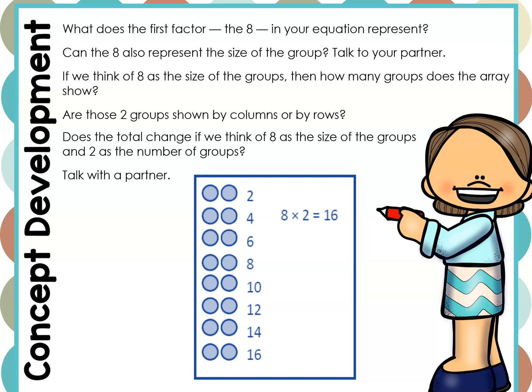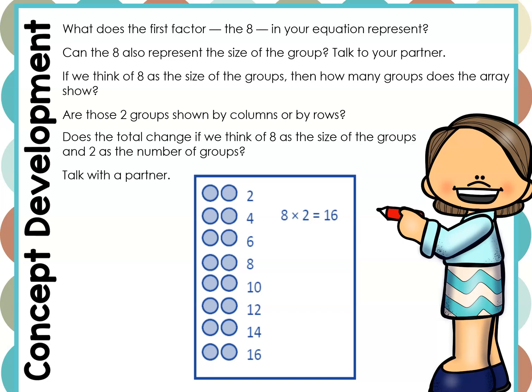Okay, so the first factor in our array, the 8, represented the number of groups or the number of rows. Can the 8 also represent the size of the group? So if the 8 would represent the size of the groups, what would our array show then? Would our array look the same?